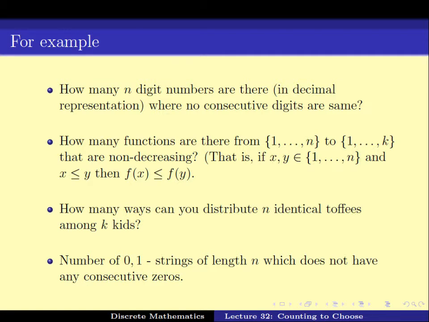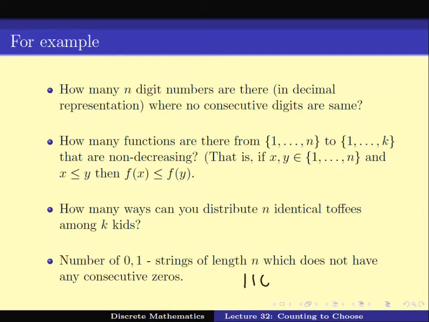The last one that we are looking at is, look at the strings of length n made by zeros and ones. How many of them are there such that there are no consecutive zeros? Meaning, the string 1 1 0 1 0 1 0 1 1 is fine.